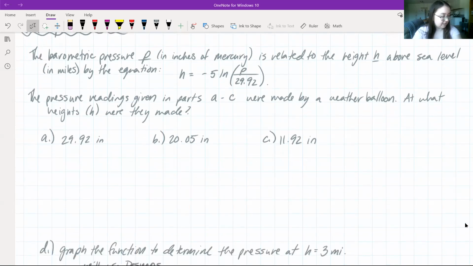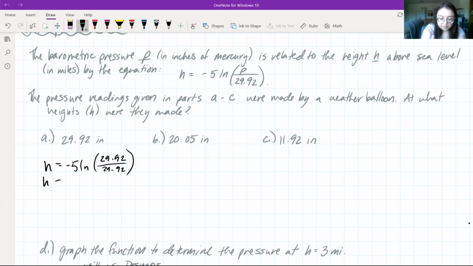So let's calculate these. We know our equation is h equal to -5 times the natural log of P divided by 29.92. In part A, we're given 29.92 divided by 29.92, so this simplifies to -5 times the natural log of 1.